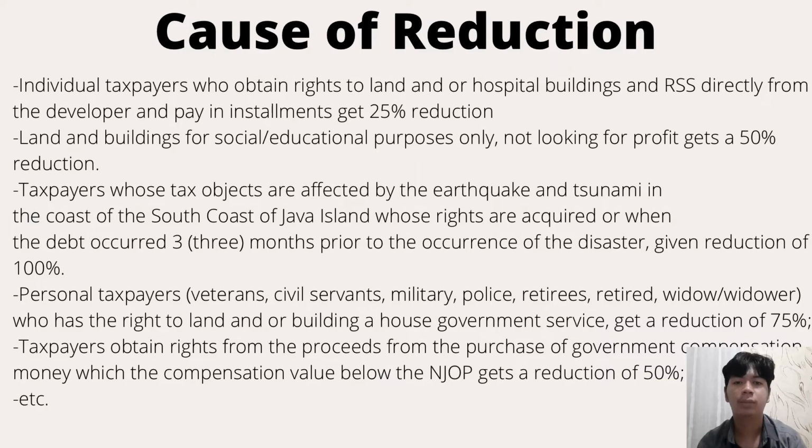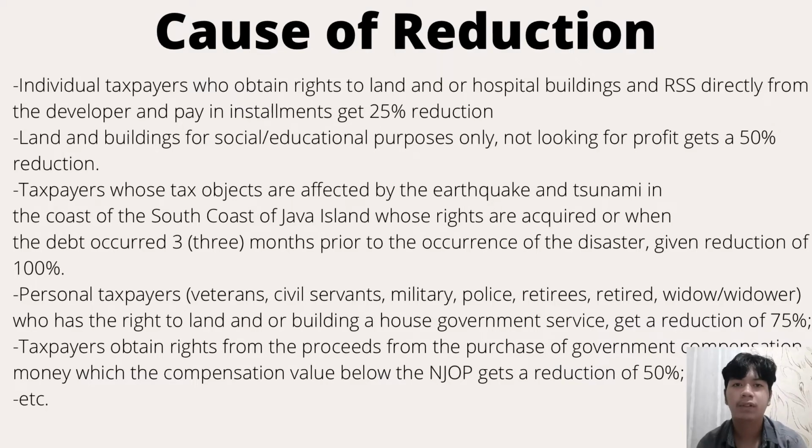Okay, we will talk about reduction. Taxpayers can apply for a reduction of tax, and the amount of reduction can vary among them. For example, individual taxpayers who obtain rights to land and or buildings directly from the developer and pay in installments get a 25% reduction.